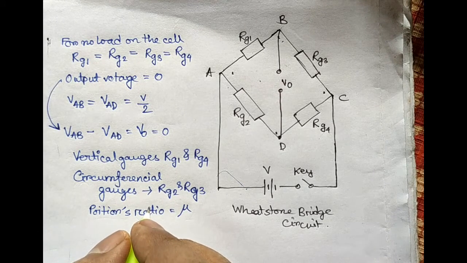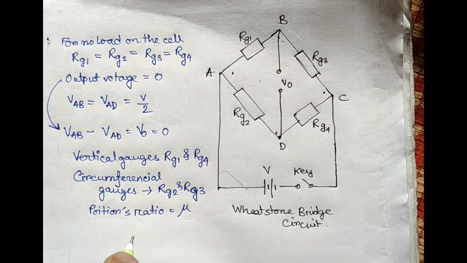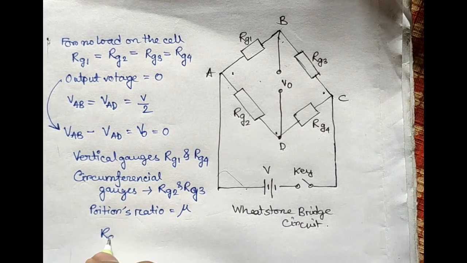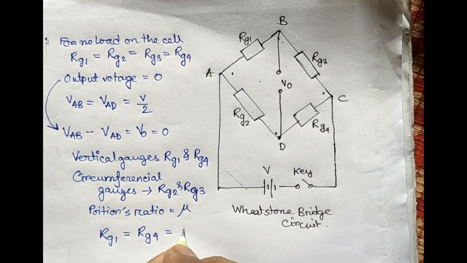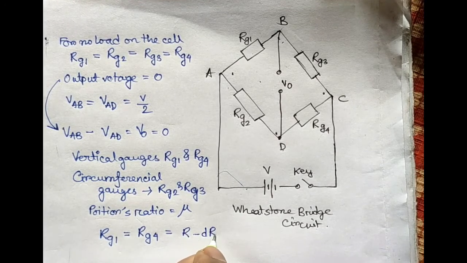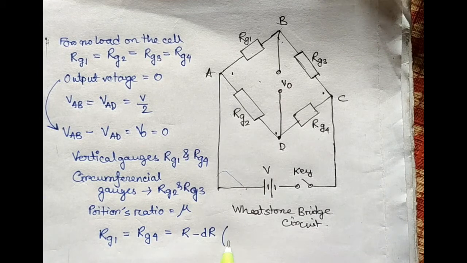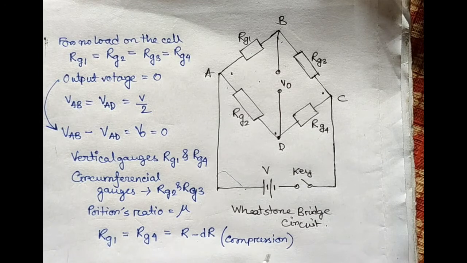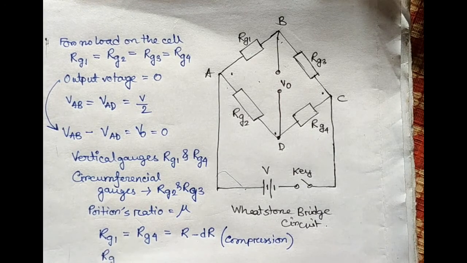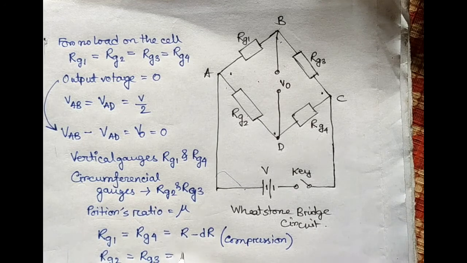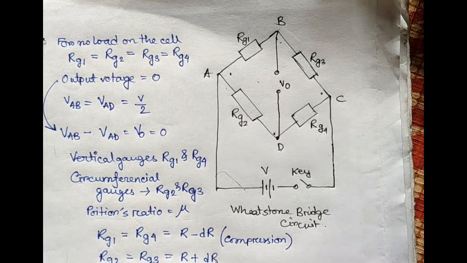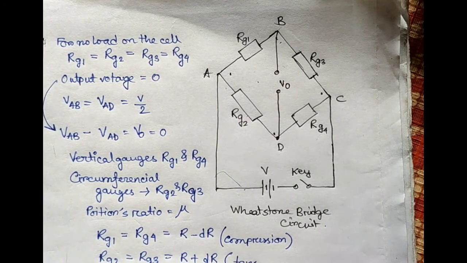When there is strain, the resistances of the various gauges are given by Rg1 equals Rg4 equals R minus dr, and this happens only for compression, and Rg2 equals Rg3 equals R plus dr, that is for tension.